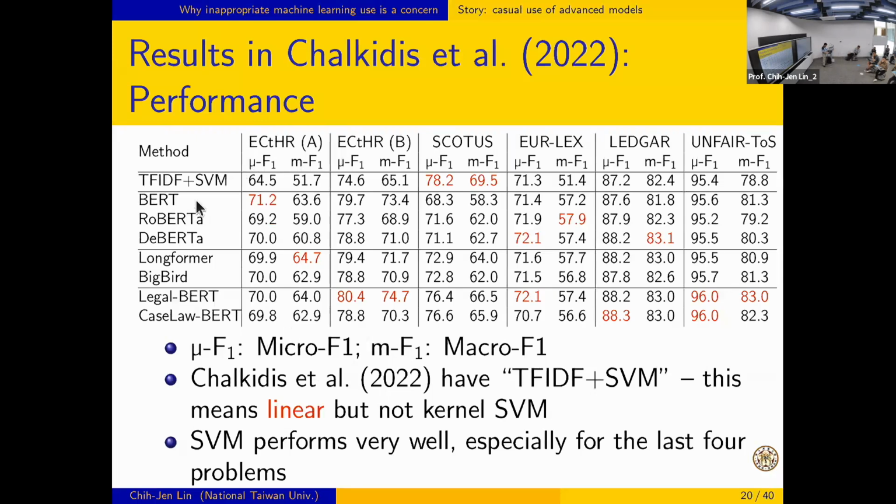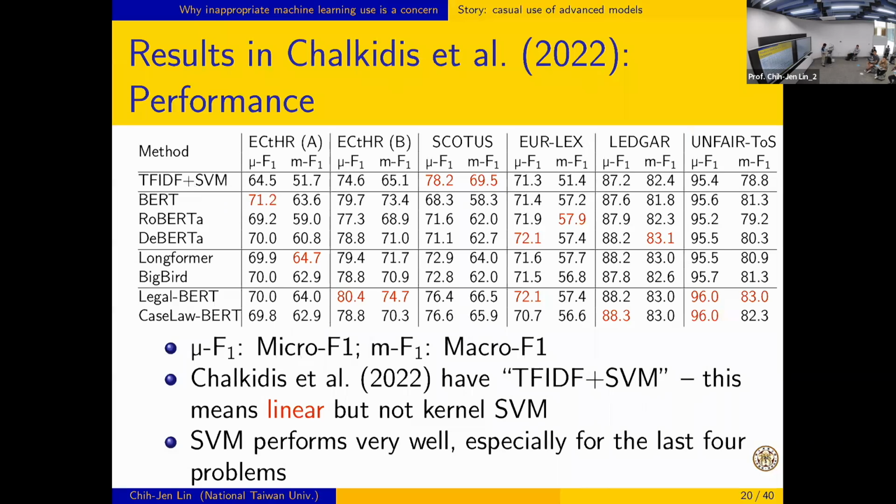Okay, so I have mentioned that they have quite a few rows of BERT models, but you may see that the first one is not a BERT model. They have this called TF-IDF plus SVM, but this actually means linear SVM, not kernel SVM.